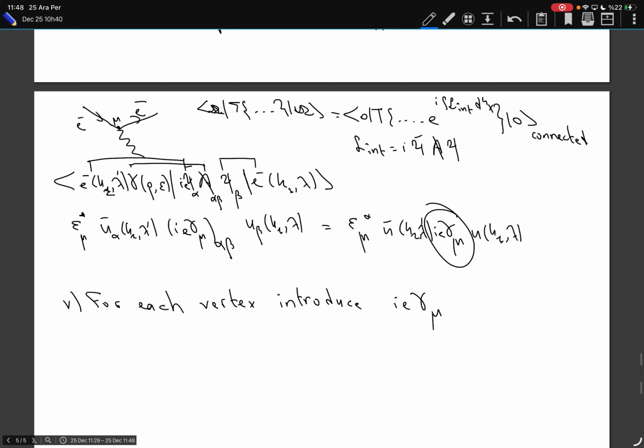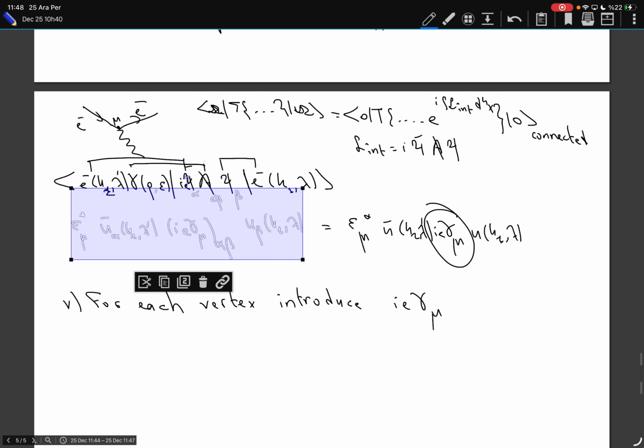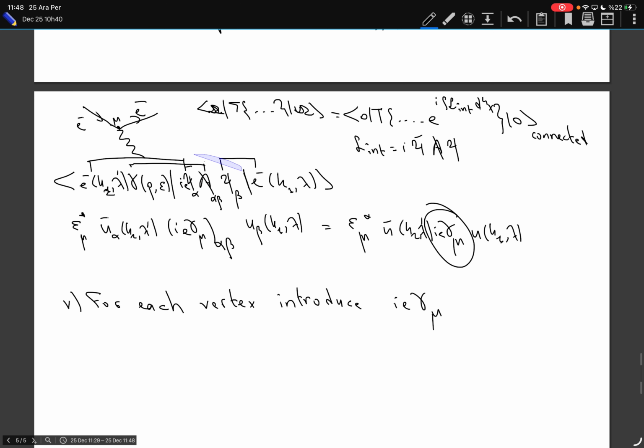Now look at here. I can go ahead and write my interaction vertex in terms of the spinor indices. That's the correct procedure, but I can take a shortcut. The outgoing particle is all on the left. If I look at this diagram, there's a fermion line, and at the end of that fermion line I have an outgoing electron.